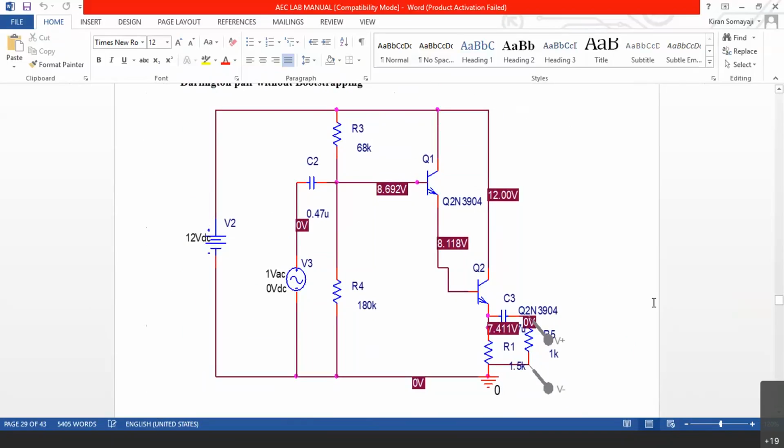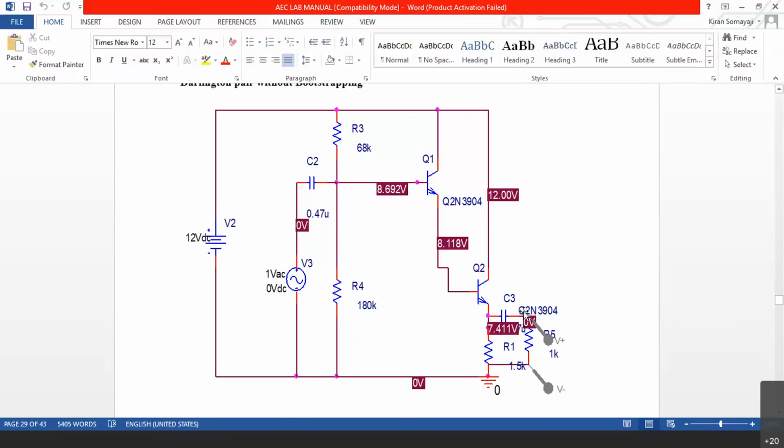Now, this is the circuit diagram of the Darlington emitter follower, where you can see this is a voltage divider biased emitter follower, we can say. At the input, you can see the voltage divider bias using a 68K and a 180K. The Q1 transistor is biased.